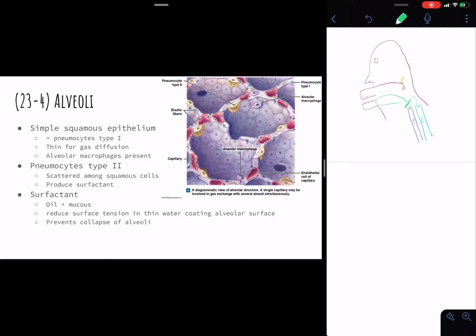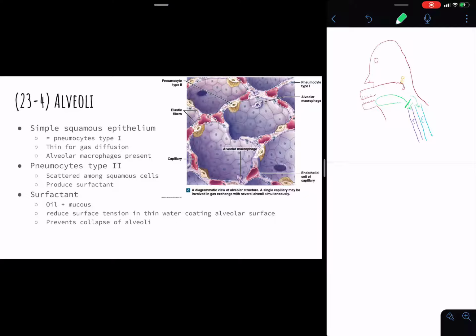And it's also going to help them not collapse in on themselves whenever they close, which makes a lot of sense. If you think about blowing up a balloon, right, the first couple breaths into the balloon, like breath 1 and breath 2, are really difficult, right? You have to put a lot of force in, you have to put a lot of air before you actually finally start to get the balloon to expand.